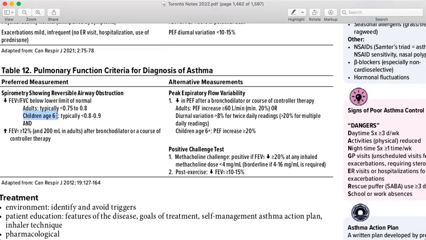Before that, you cannot label it. FEV1 increased by more than 12% after bronchodilators or a course of controller therapy, then this is asthma. Alternative measurements are peak expiratory flow variations, and a positive challenge test, which is basically the methacholine challenge test. Usually spirometry is preferred and used to diagnose asthma. Same goes for COPD. Spirometry is used to diagnose COPD.